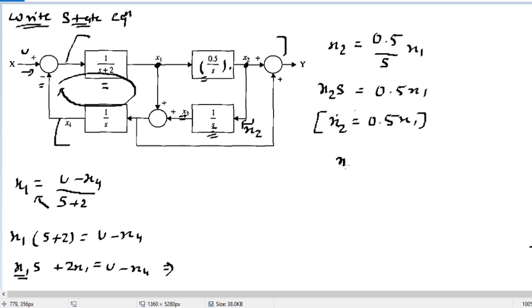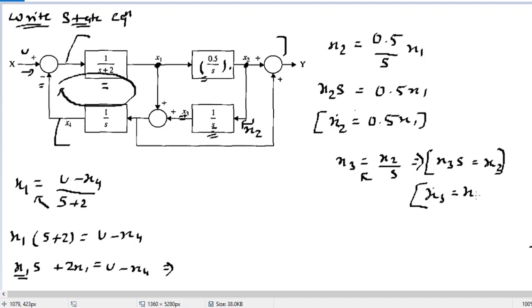So we can write x3 equal to x2 by s, which again becomes s x3 equal to x2, which is the differential equation of x3. So x3 dot equals x2.